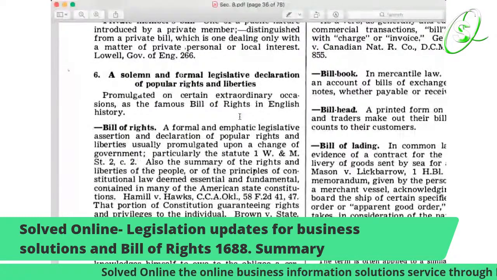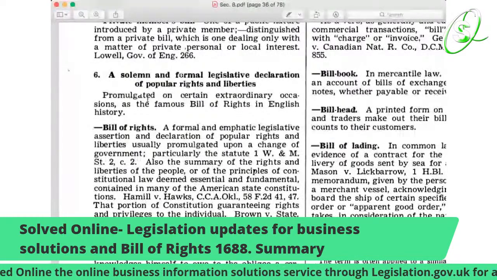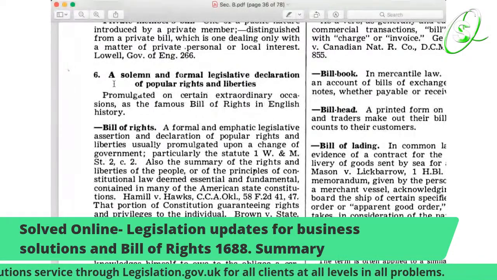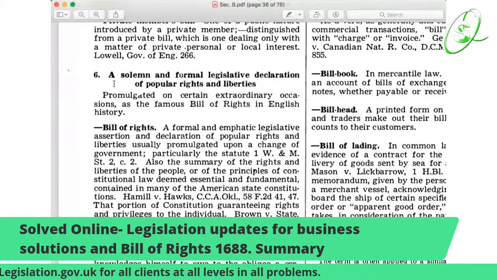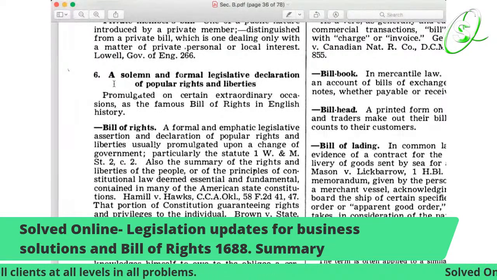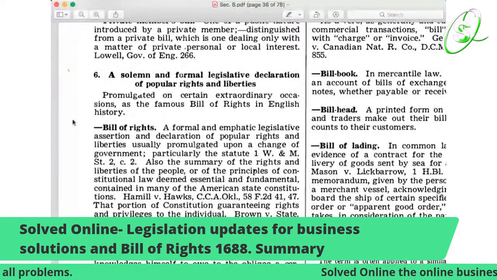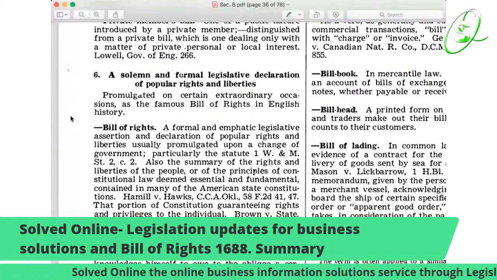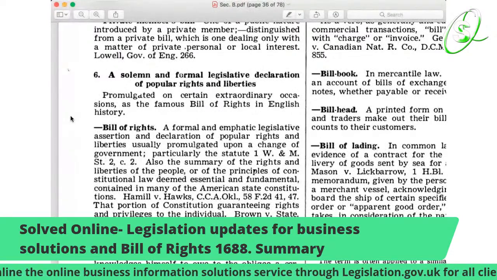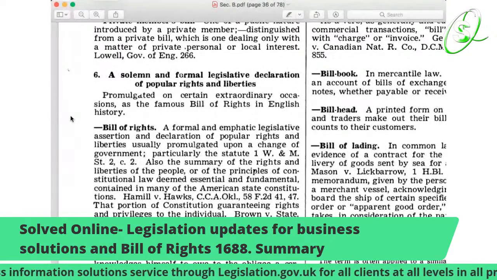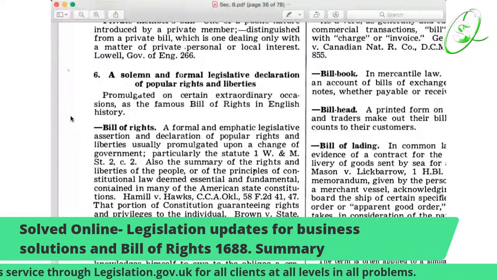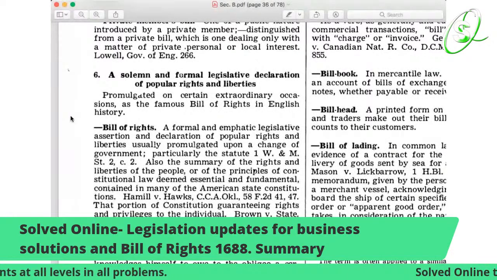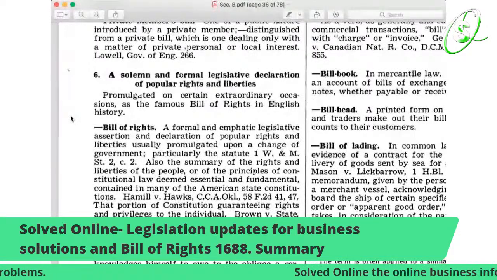What it says there: a solemn and formal legislative declaration of popular rights and liberties, promulgated on certain extraordinary occasions, as the famous Bill of Rights in English history.